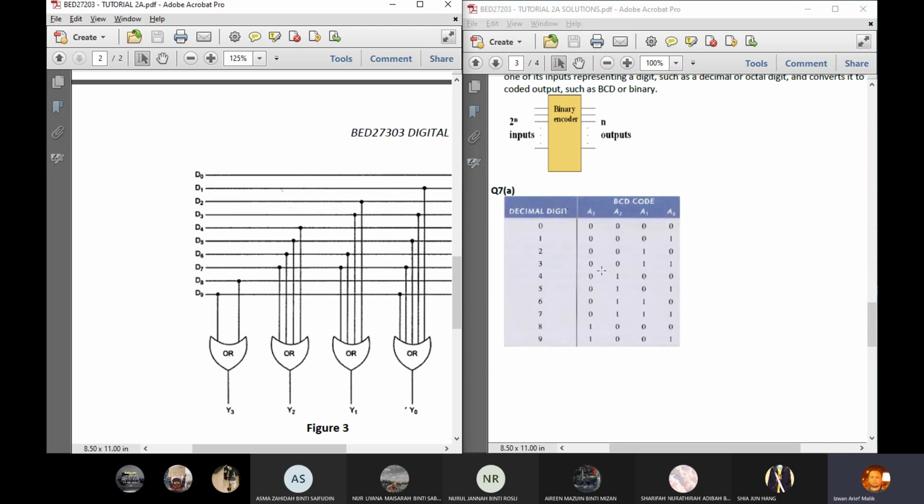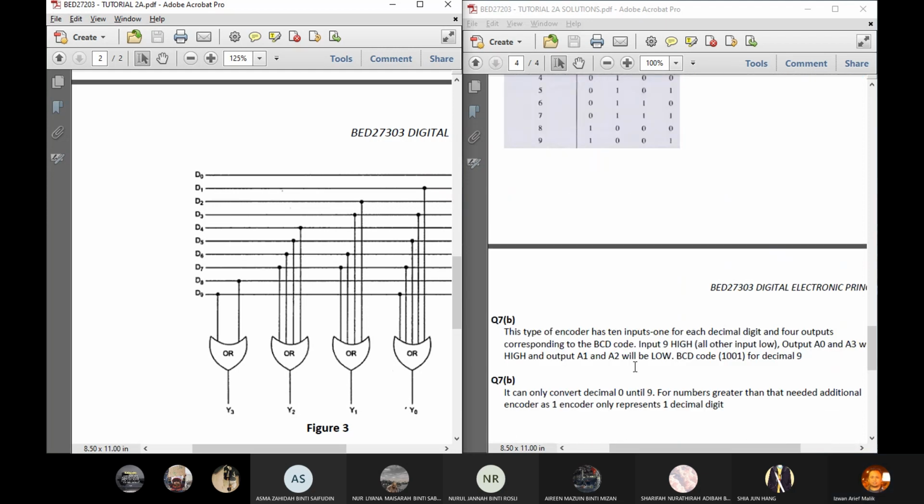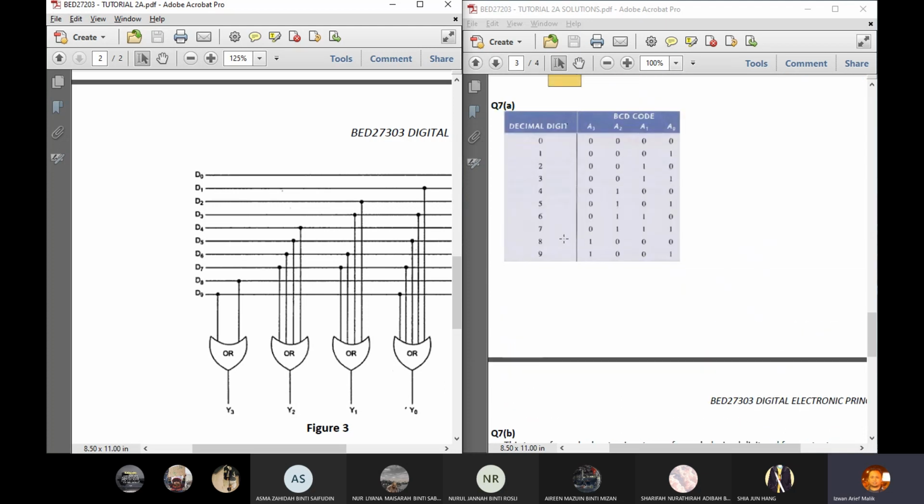Okay, so what does it mean? Now we have 10 numbers here, 0 until 9. If you are converting these decimal numbers, this will become the output. Okay, let's say now you want to display number 9, then you can use 1 BCD code.